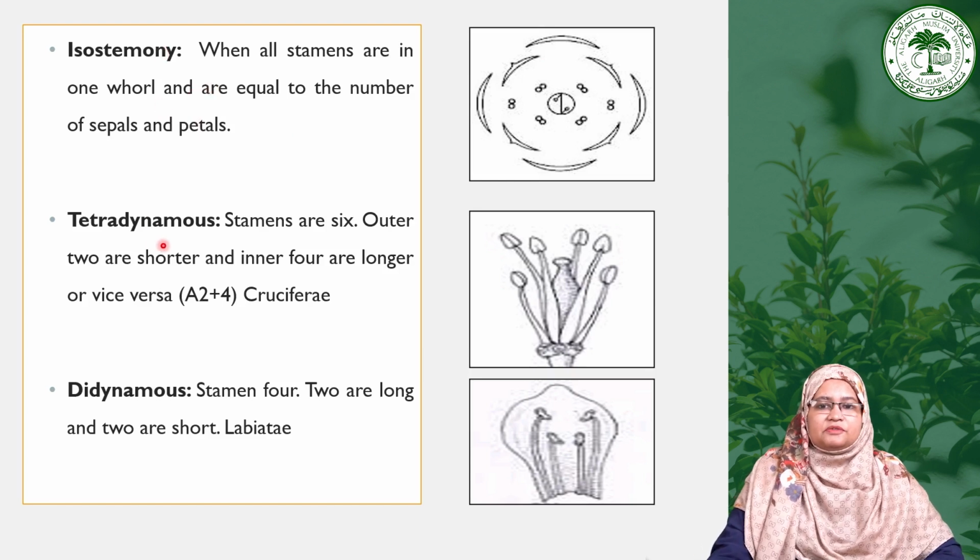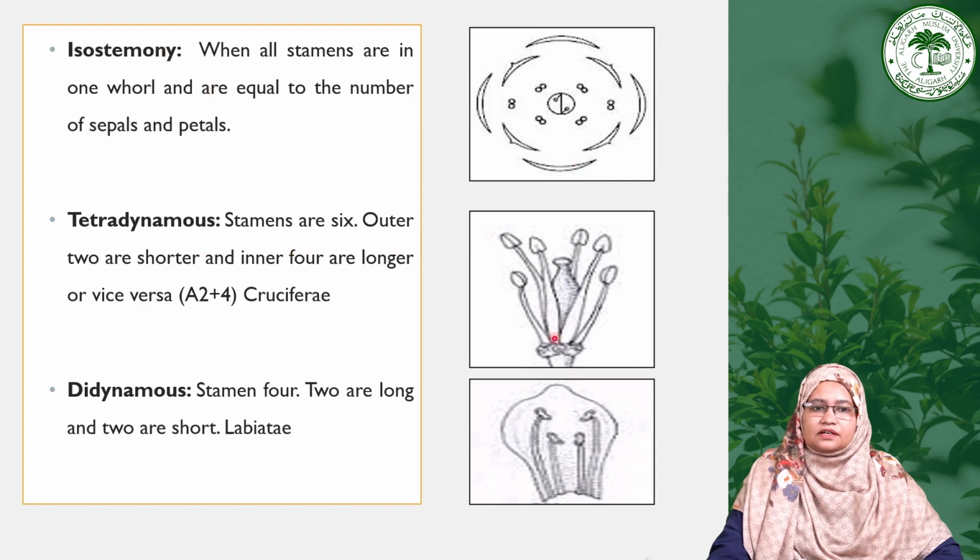And tetradynamous is the condition when the stamens are 6 and the outer 2 are shorter, as you can see here, and the inner 4 are larger. So this one is the tetradynamous condition present in the Brassicaceae family, in which the inner 4 are larger, while the outer 2 are smaller. As you can see here, these 6 stamens are arranged in 2 whorls. These 4 represent the inner ones, and these 2 represent the outer ones.